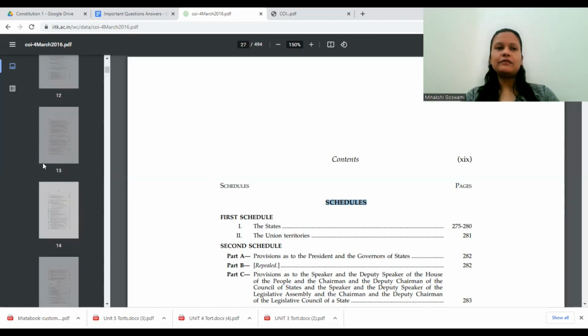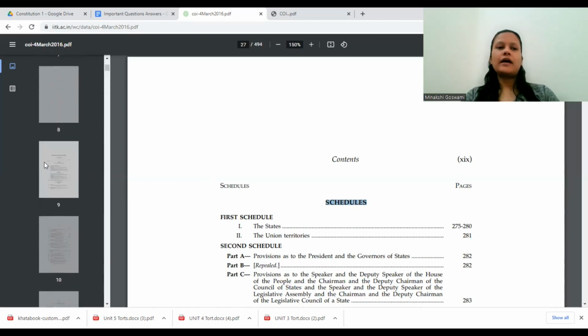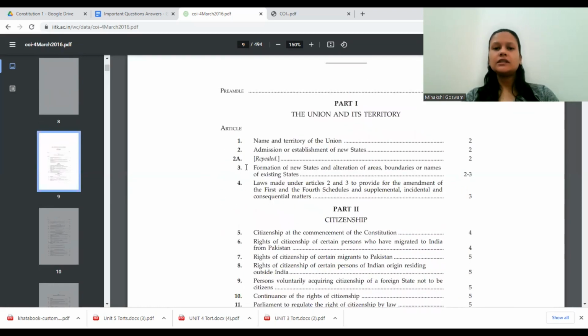For example, we have an article talking about admission or establishment of new states. One article talking about formation of new states, alteration of areas, boundaries, or names of existing states. Like we can say how Telangana was created, how Jammu and Kashmir, which was a state, was divided into two union territories, Jammu and Kashmir as well as Ladakh.